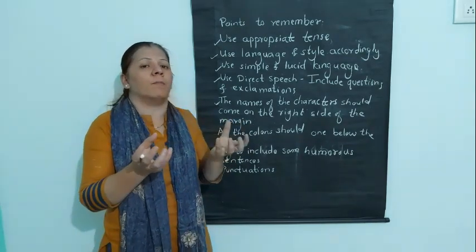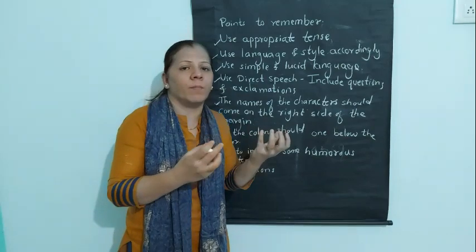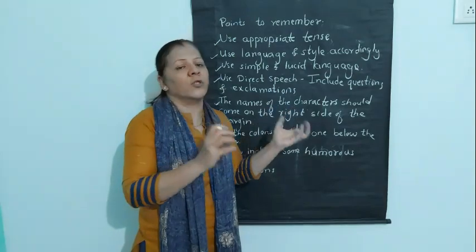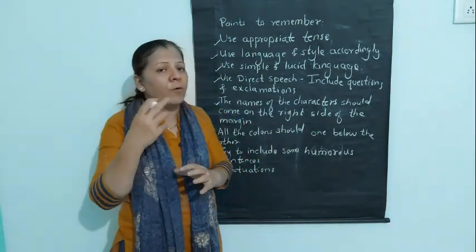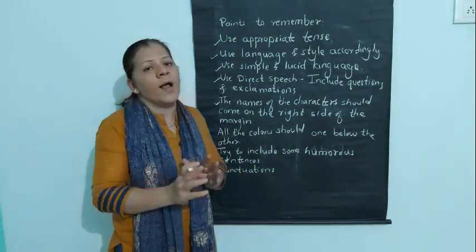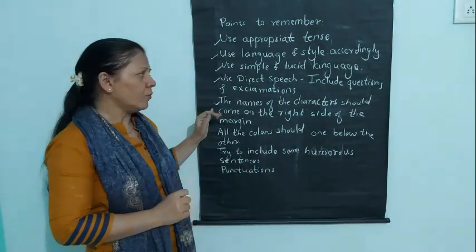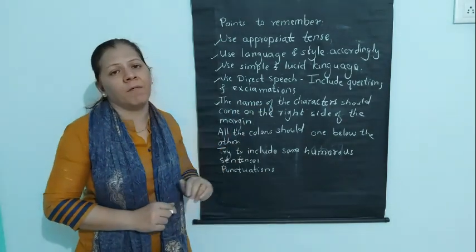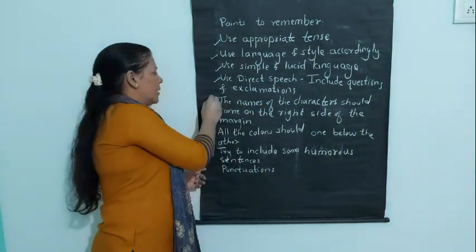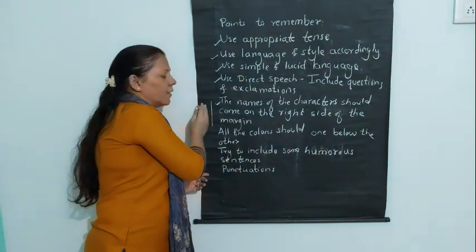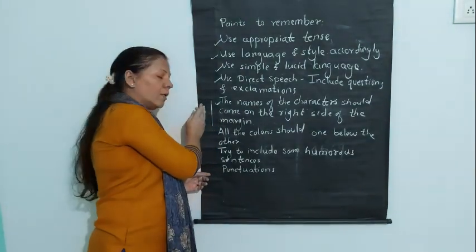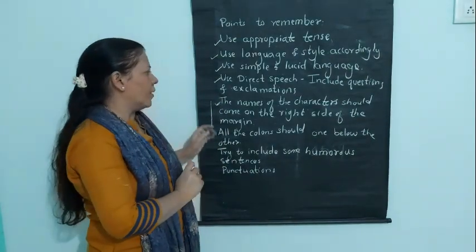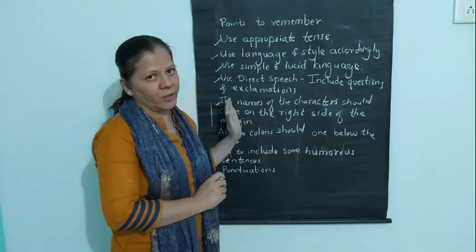You have to go into the character of the shopkeeper as well as the customer, and think accordingly while writing the dialogue. When you write, the names should come on the right side of the margin. Suppose this is your margin, don't write the names in the margin, you have to write on the right side of the margin.